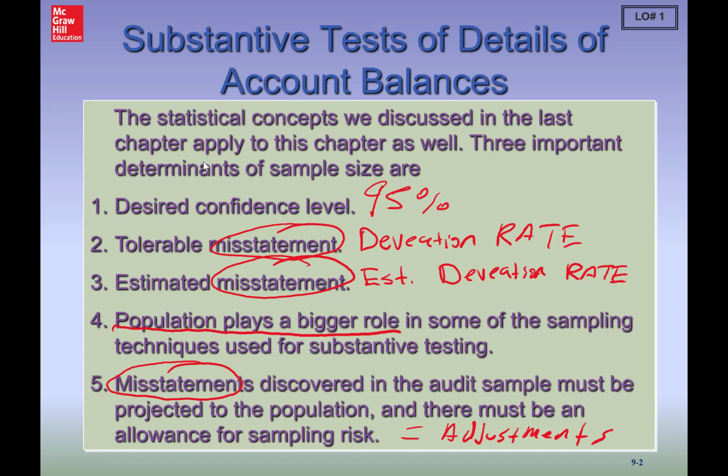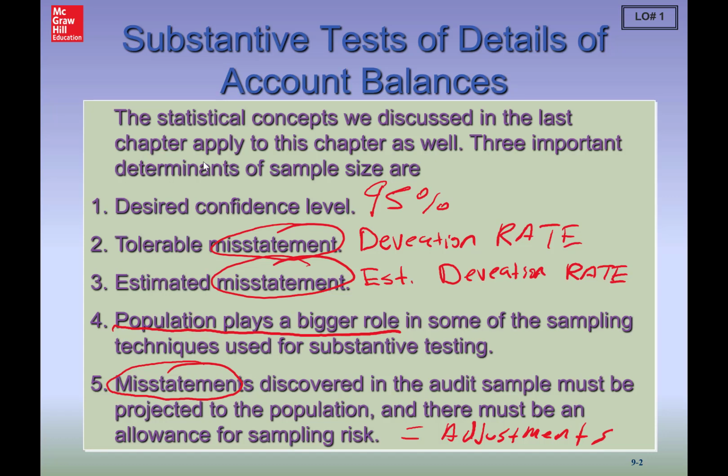Unlike what we said for our control testing, where population really does not affect sample size, for our substantive testing, yes, it does. You can imagine, the larger the dollar balance, the more we're going to want to make sure that we have sufficient dollar amounts represented in our sample in order to have sufficient dollar coverage.